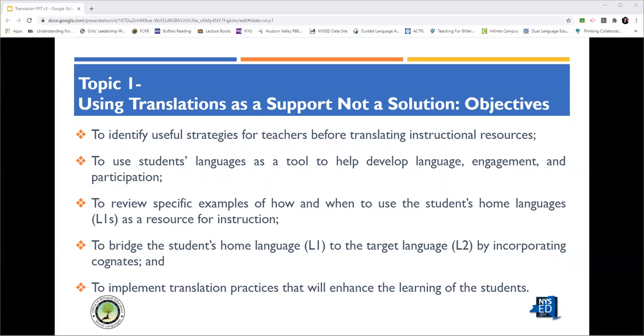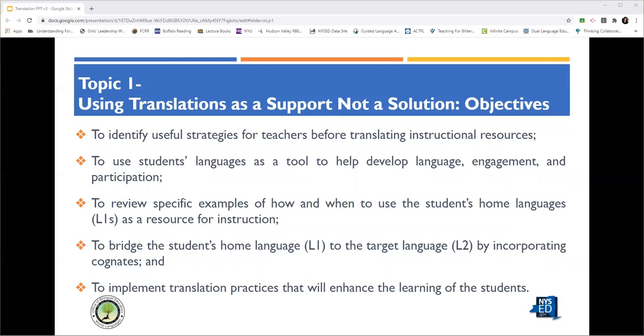For today's presentation, however, we're going to focus on topic 1, using translations as a support and not a solution. And by the end, we hope that we'll be able to help you identify useful strategies before translating instructional resources. We hope to help you use the student's language as a tool to help develop language, engagement, and participation.